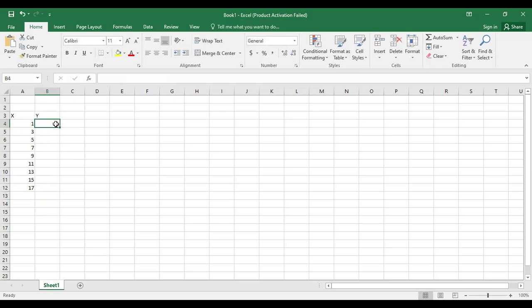Now the other figure here we can say 10, and then we say equal to this plus maybe 5. Then we do that.